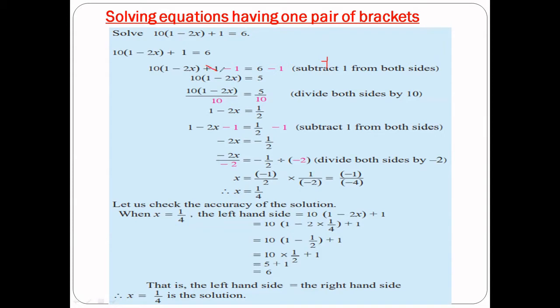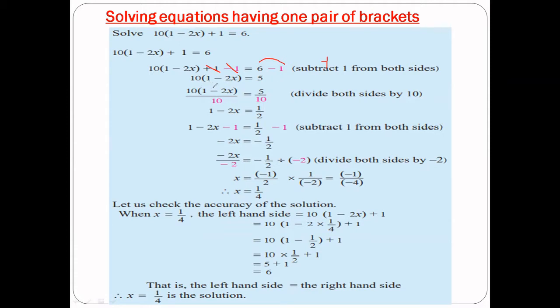Now you can cancel out this plus 1 with minus 1. Then 10 brackets 1 minus 2x remain in the left hand side. Right hand side 6 minus 1. 6 minus 1 is 5.